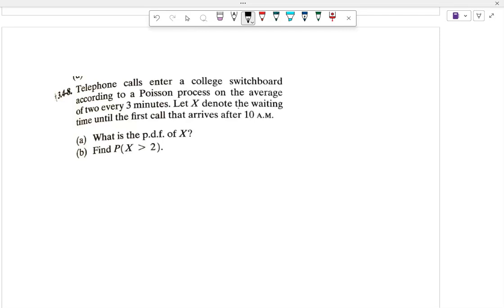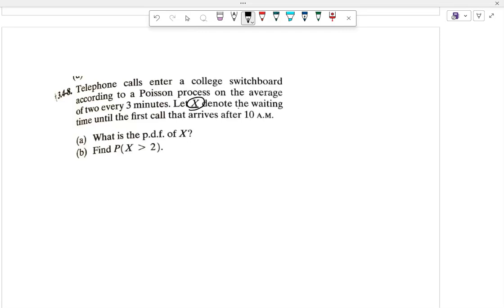So this is a continuous random variable, so even though it says it's a Poisson process, I can't just assume that I'm using the Poisson PDF, because Poisson is a discrete random variable, right? Poisson counts number of occurrences in a unit time interval, right? This is asking for a waiting time until a first call. Okay, so this is a different idea. All right, so let's see if we can do this generally and then come back and answer the question.